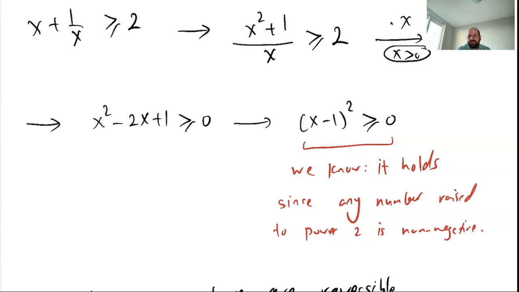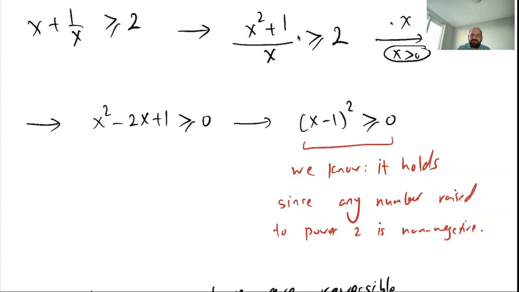So from this direction to this direction, we multiplied by x. But if you want to reverse this step, we have to divide by x. But in any case, we are allowed to do that. We are allowed to multiply by a positive number, and also divide by a positive number. So the conclusion also holds.